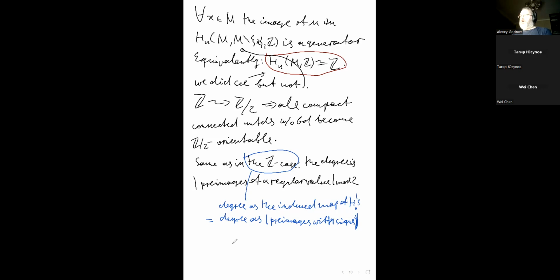Okay, so we'll talk about the two definitions later, but the degree of the map from S^n to RP^n is 0.